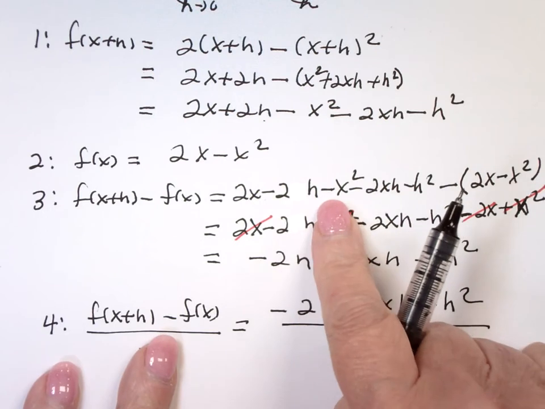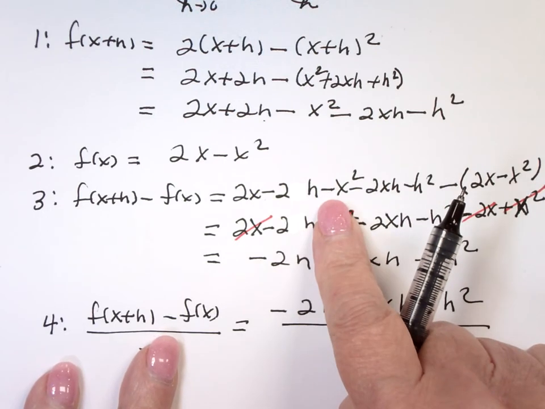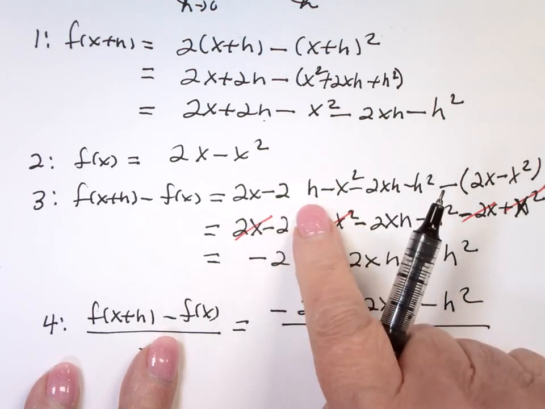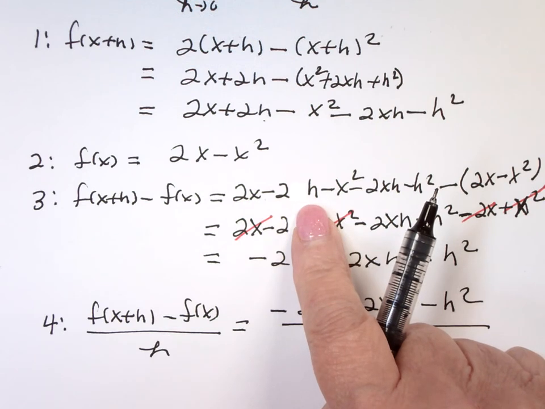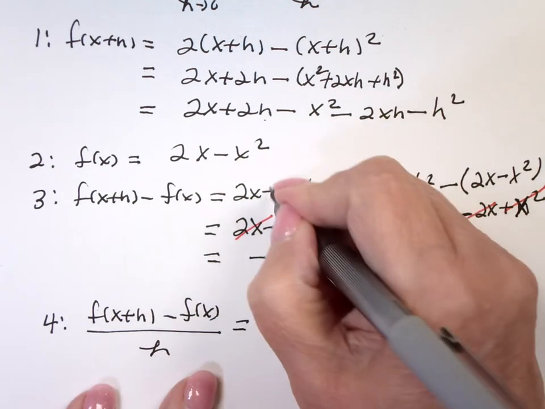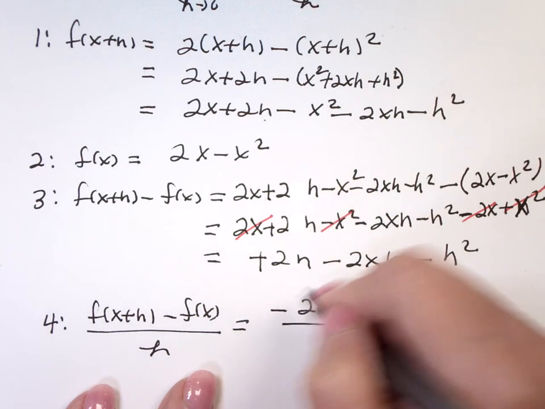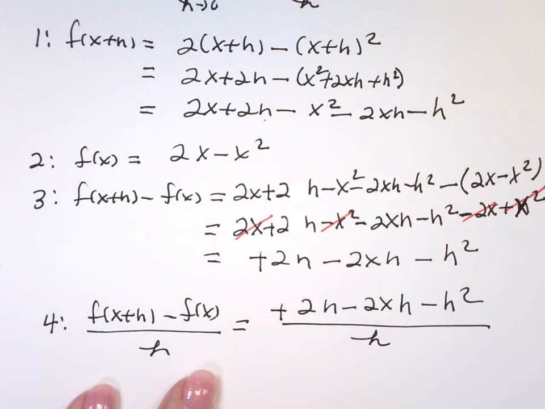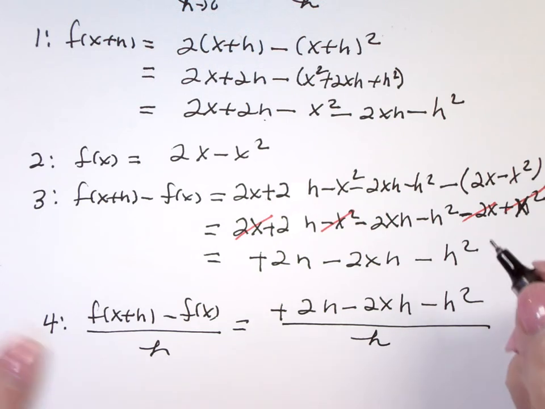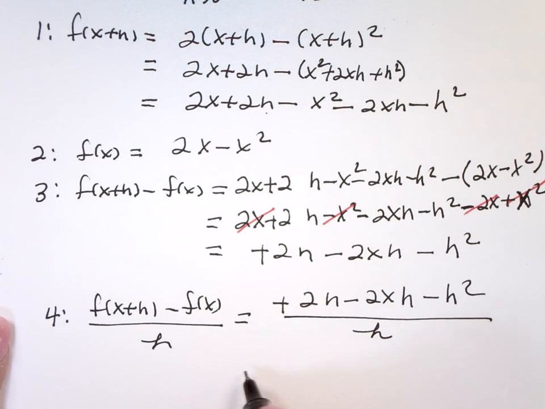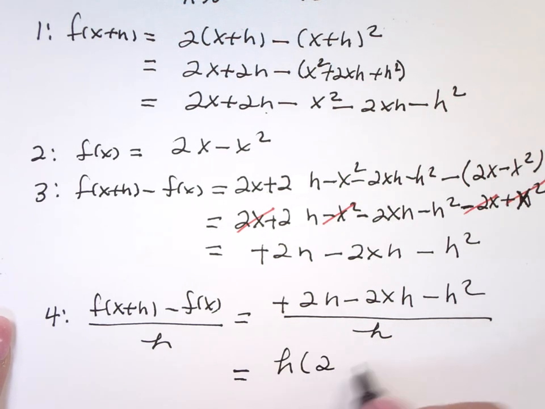It should be 2x plus 2h in step 3. Oh, thank you, I see what you mean. Yeah, that's true, because when I take the derivative it's going to be 2 minus 2x. Then a common factor of h. See how easy it is to make mistakes?